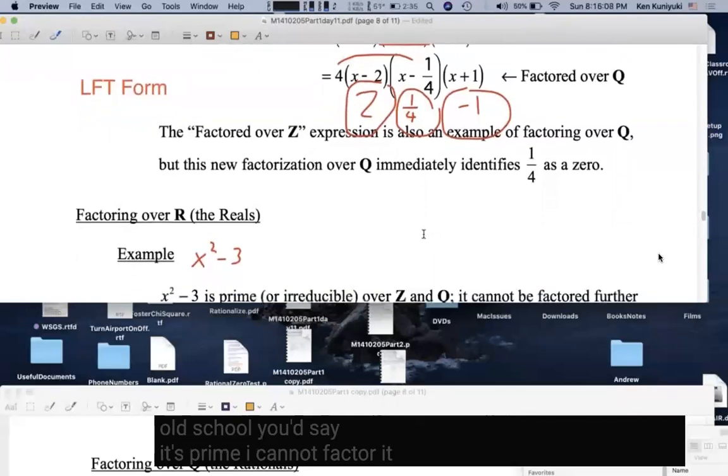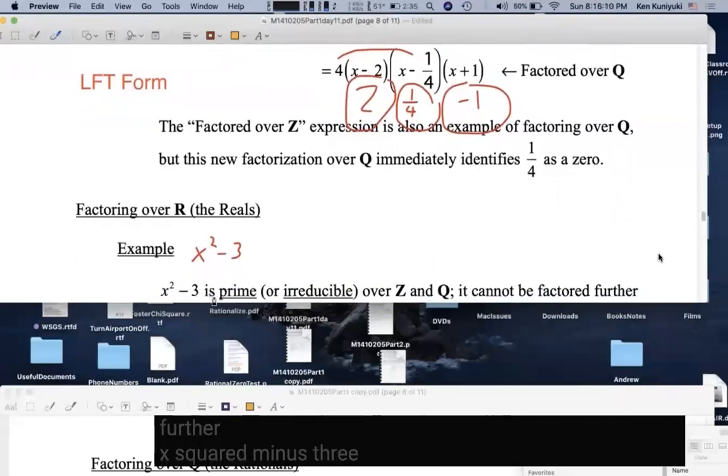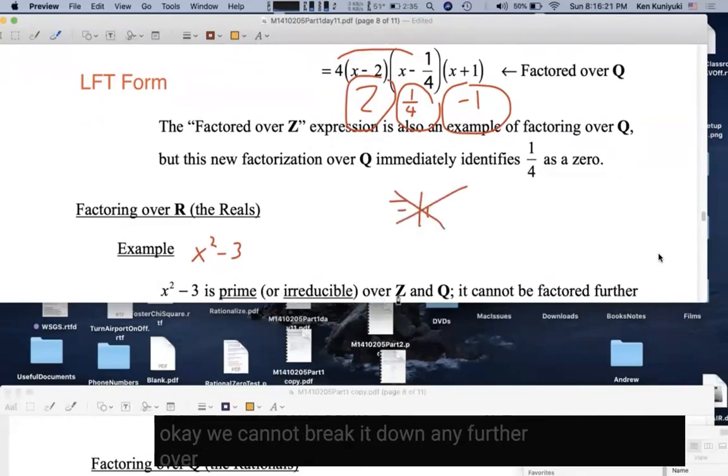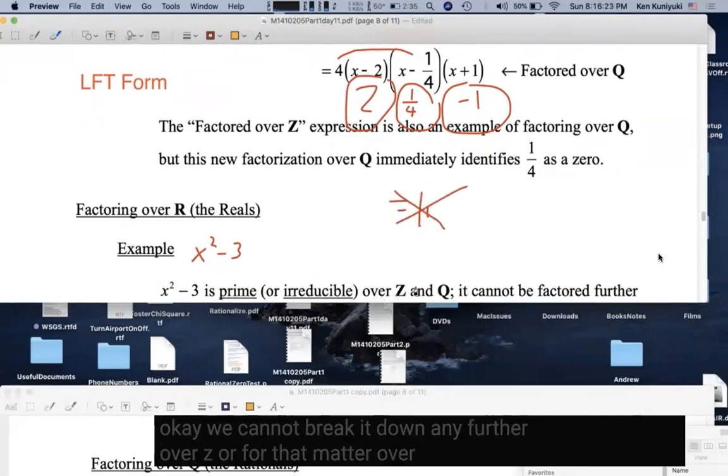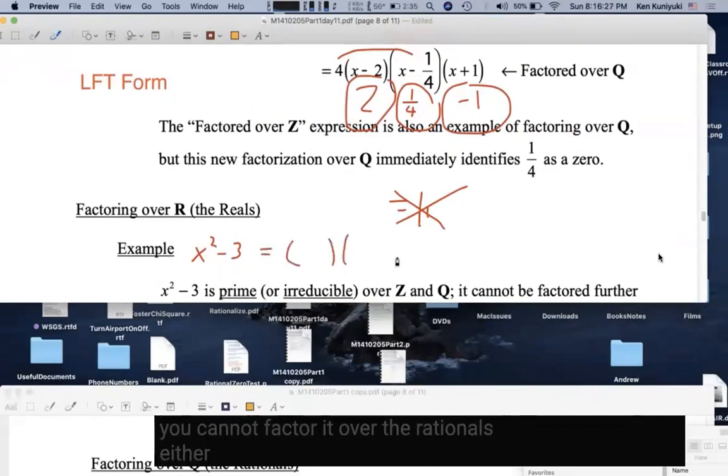I cannot factor it any further. x squared minus 3 is prime or irreducible. We cannot break it down any further. And 1 times doesn't count, okay? We cannot break it down any further over Z, or for that matter, over Q. You cannot factor it over the rationals either.